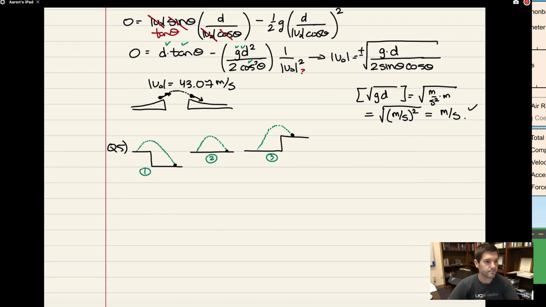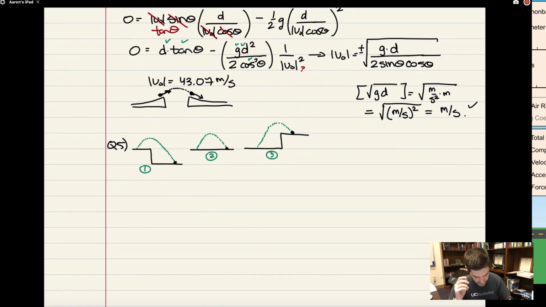So you might ask, how can we do this without any numbers? But we have seen two examples, I think, at this point already, that there's a symmetry to these projectile motion problems.